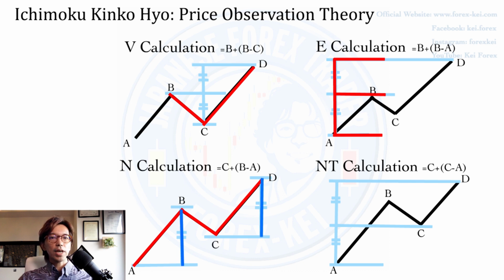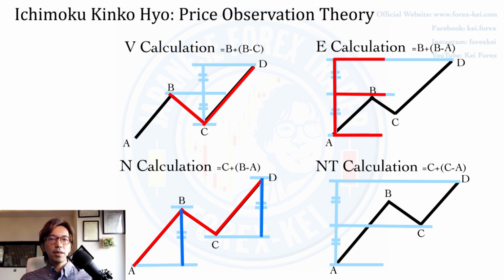And moving on to NT calculation, this is a little tricky, so listen carefully. From point A, the price goes up to B and pulls back to C, right? And you take the pips between C and A and add it onto C, so that the pips between C and A and the pips between C and the target D will be the same.